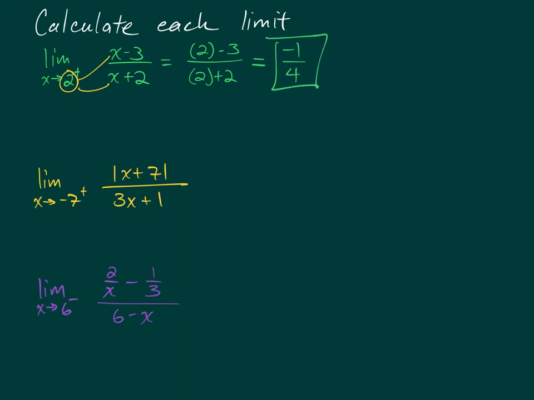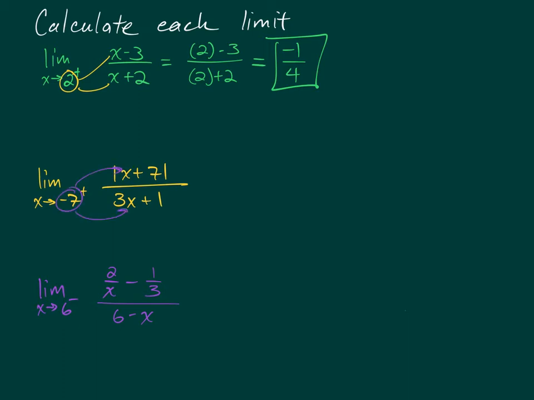Okay, direct substitution worked. Even though we had a one-sided limit, we are still allowed to use the same techniques to find these limits. In the next example, we have the limit as x approaches -7 from the right of the absolute value of x plus 7 over 3x plus 1. So again, we want to try direct substitution here.